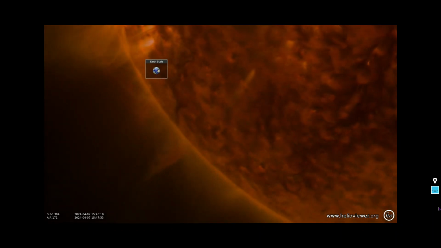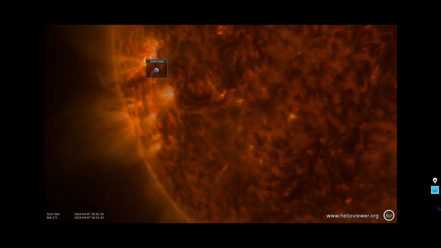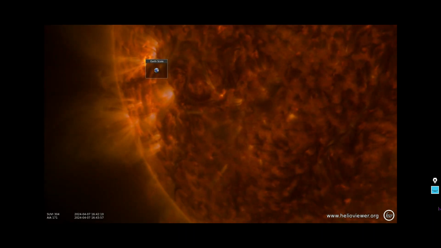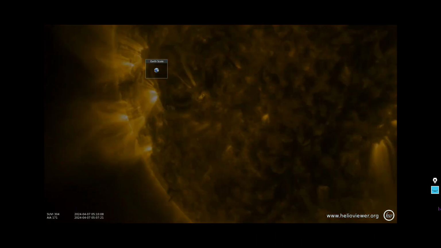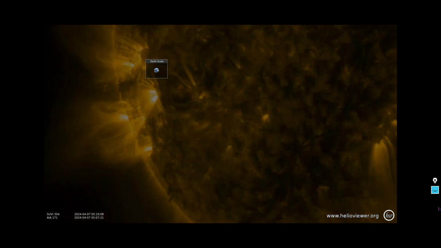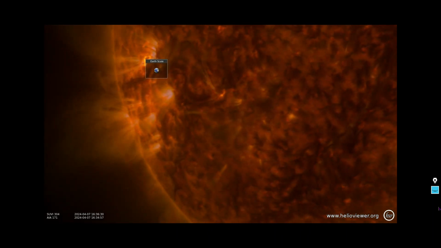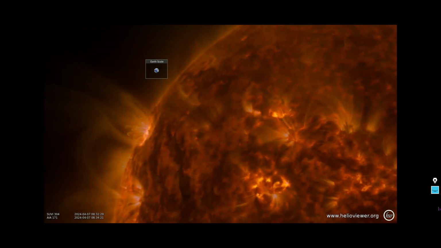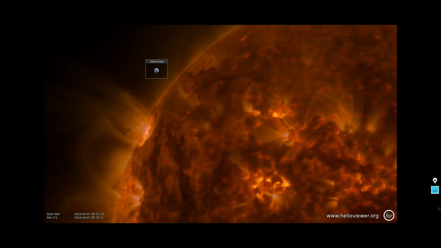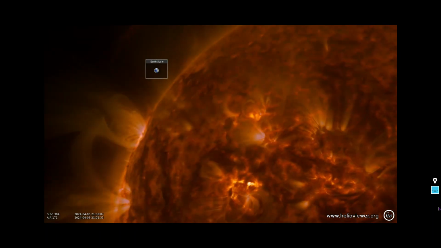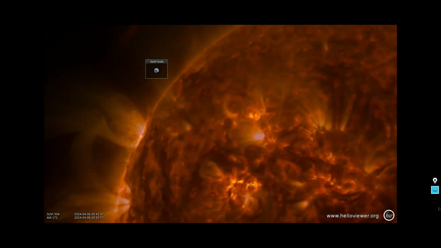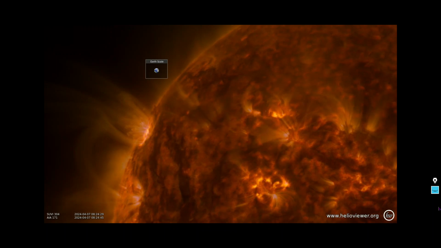Many of these features, new ones will rise in the east, and some will set in the west, but some more will rise in the west as well, meaning they'll become prominences. Solar filaments are the same feature, as plasma gets suspended by magnetic fields, allowing it to rise tens of thousands, hundreds of thousands of kilometers above the chromosphere, with the transitional zone just above the photosphere and just below the solar corona.